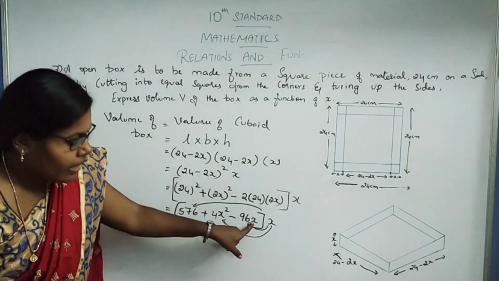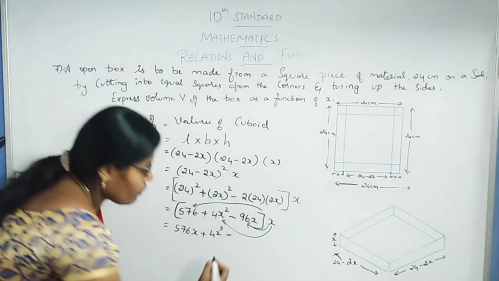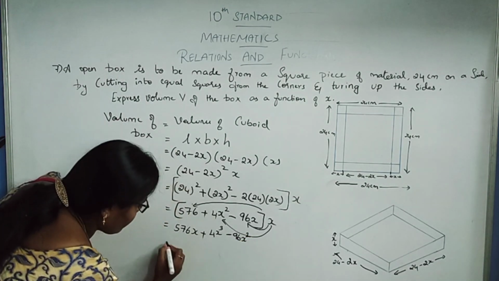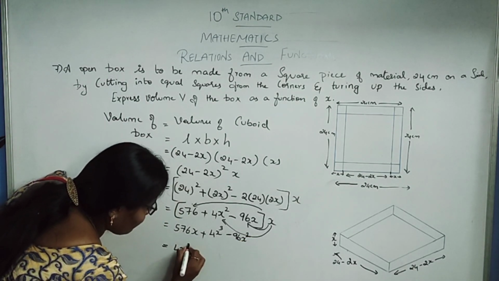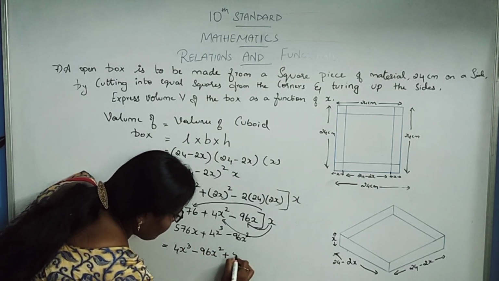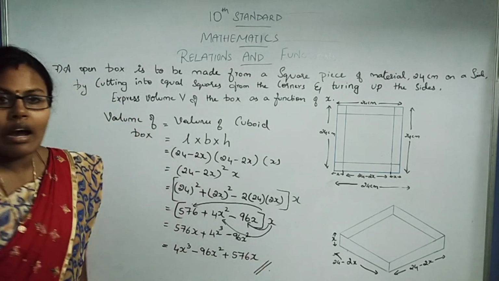Already you have one x here. One more x, if you join, it becomes x square. So minus 96x square. So rearrange it. 4x cube minus 96x square plus 576x. So this will be your answer.